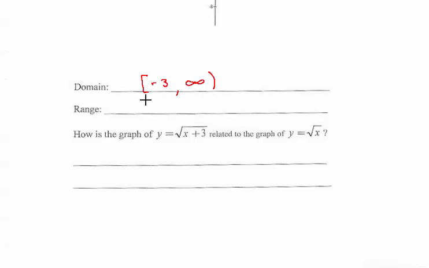The range, we didn't shift it up or down or flip it, so we're just going to have the same range as our parent function, 0 to infinity. How are the graphs related? I just simply say shifted 3 units to the left.